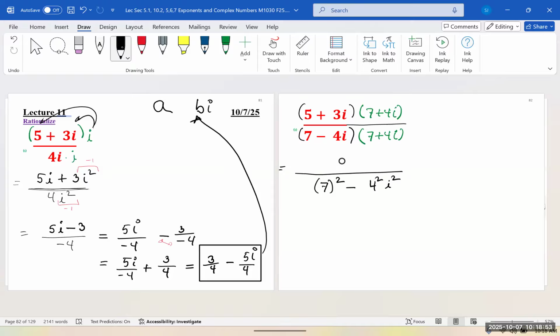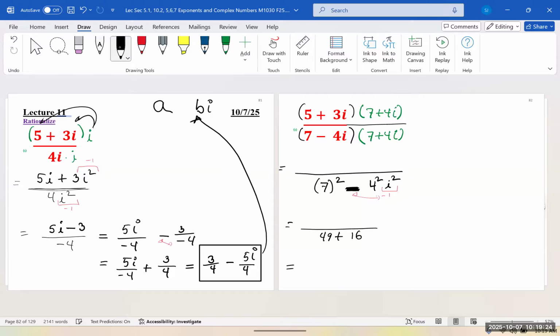And the sign between them is always negative, always. Regardless of what you have on the denominator, we don't care. When you multiply the conjugate, it's always a difference of perfect squares. So here we have again the -1 problem. So negative and negative turn into positive. So we get 49 plus 16.